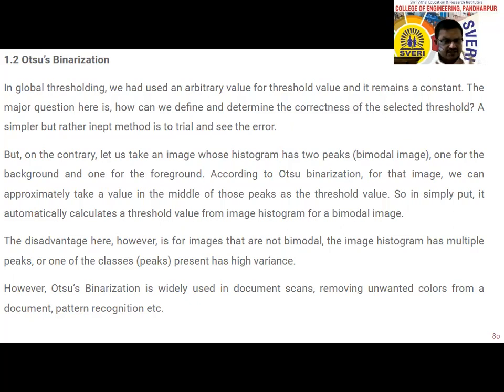The disadvantage here, however, is for images that are not bimodal, where the image histogram has multiple peaks or one of the classes' peaks has high variance. However, Otsu's binarization is widely used in document scans, removing unwanted colors from a document, pattern recognition, etc.